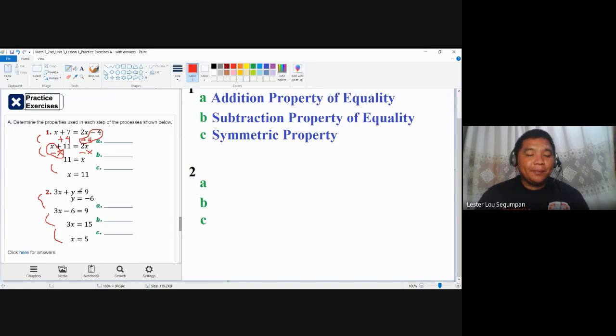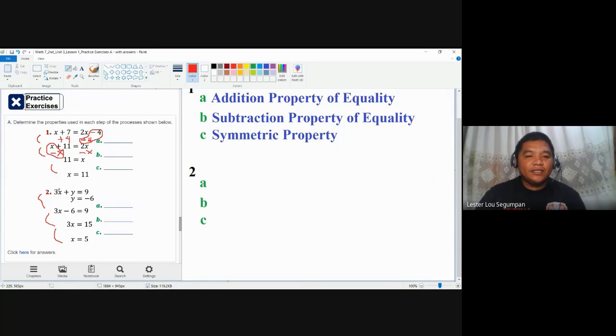But the purpose of the presentation here is just to emphasize one of the important properties of equality. Even if we have 3x plus y, two variables, which is equal to 9, this could also be rewritten as one linear equation in one variable by changing the value of any of the variables into a given constant. In this case, instead of y, we change the value of the constant y to negative 6.